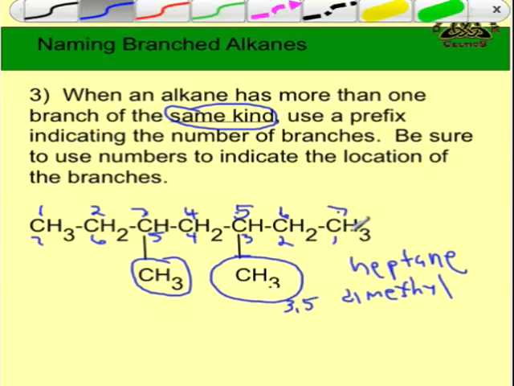And if we go from the right to the left, they are also on carbons 3 and 5. So this is an example where it doesn't matter in which direction you numbered it. So if we put all of this together into one name, the name of this particular branched alkane would be 3,5-dimethylheptane.